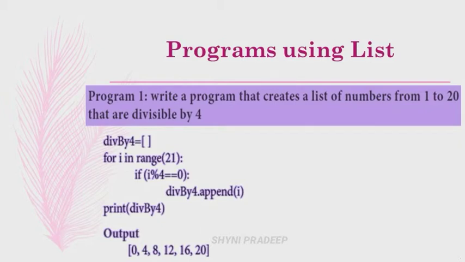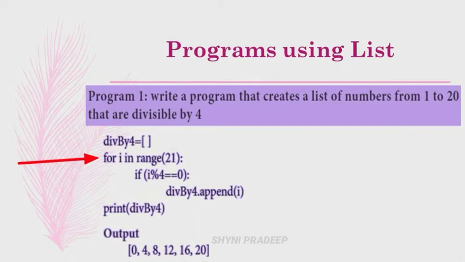See here, one list is given: div_by_4 is equal to empty square brackets. Here no values are given. This is an empty list because you have not started your execution till now. And next, for i in range(21). Here only one value is given in the range function, that is the last value, 21.